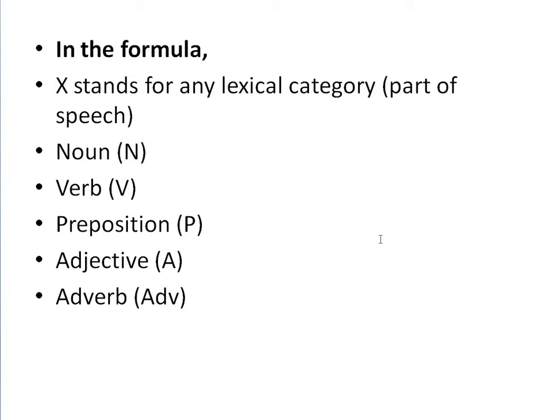X may stand for a noun, X may stand for a verb, X may stand for a preposition, X may stand for an adjective, X may stand for an adverb. So X basically is the representation of any part of speech.